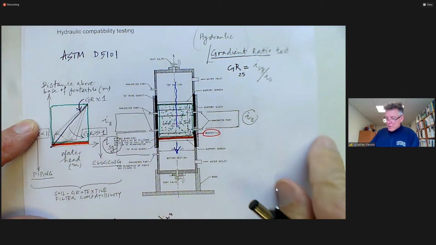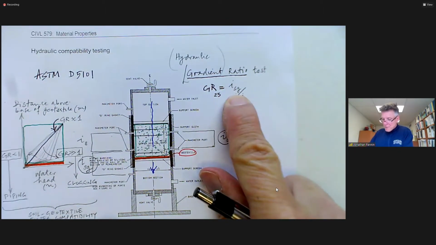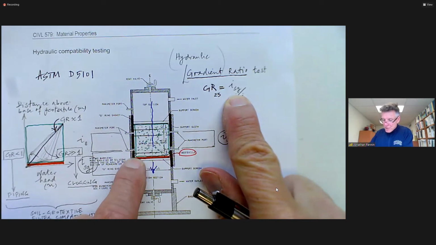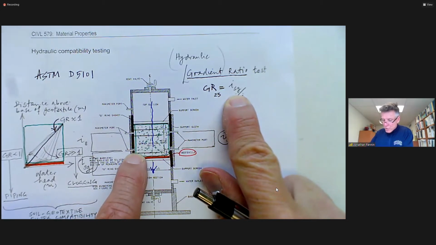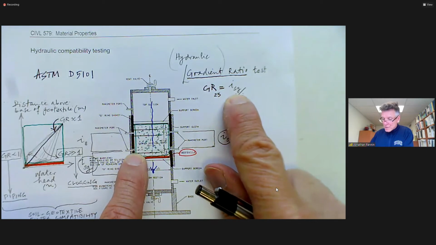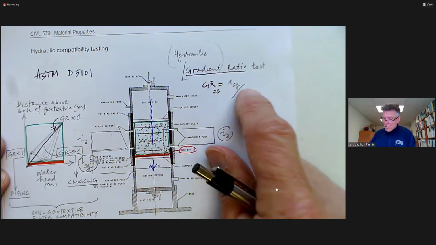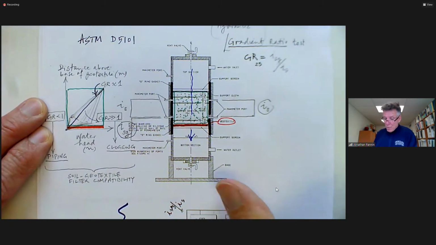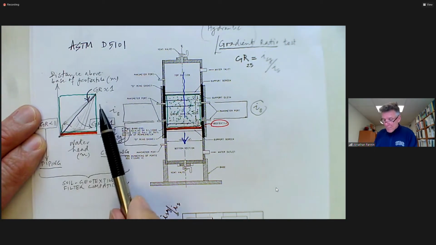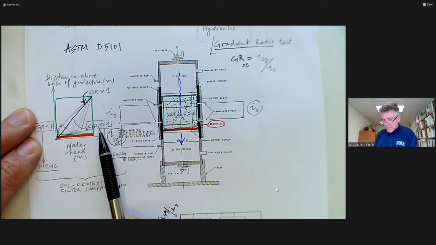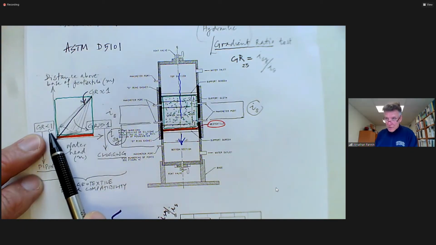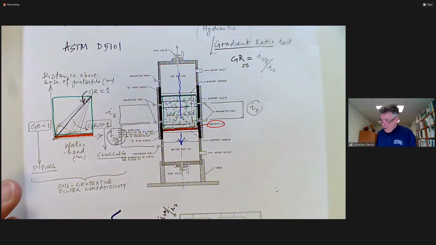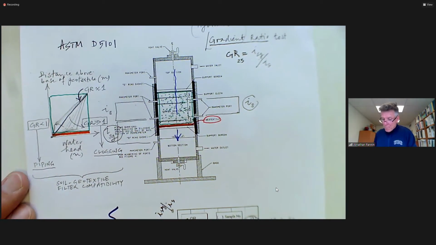Examining that ratio, recognizing that the ratio will be identified by the exact location of this port upstream of the geotextile, that ratio of hydraulic gradient can be used to characterize whether or not we have clogging, because the gradient ratio will go greater than 1, whether we have piping, because it'll go less than 1, or whether in fact the materials are very compatible.